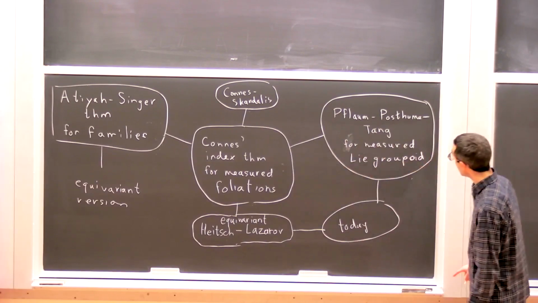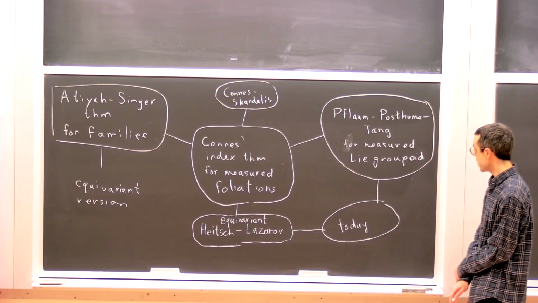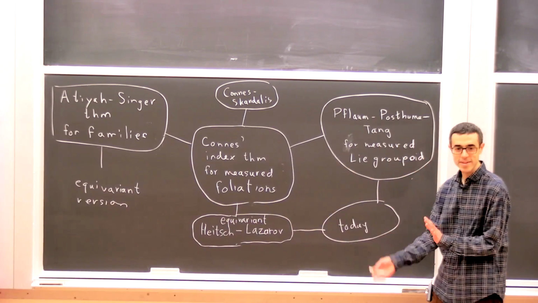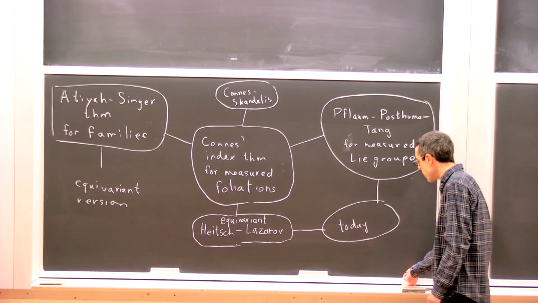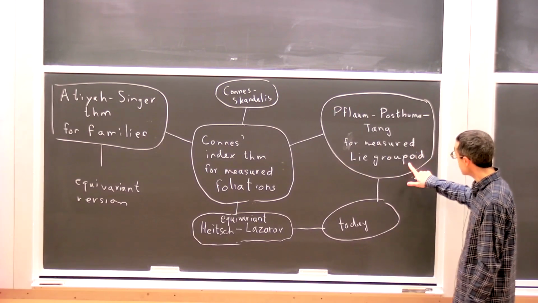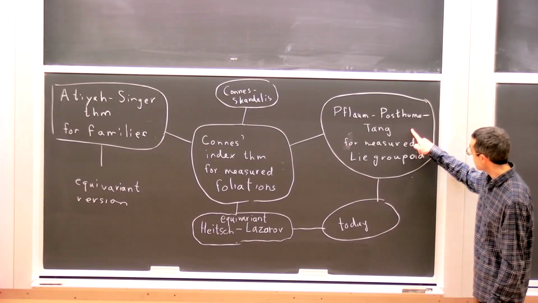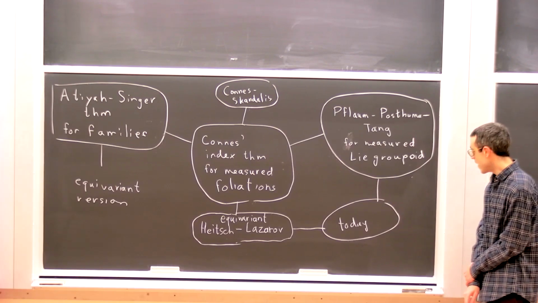Okay, so we're going to consider a setting where we have a family of Dirac operators on the source fibers of a Lie groupoid, and we also have some additional action on the groupoid. I should mention, we're also using very different techniques from Flaum, Postuma, Tang. So they were using some sophisticated algebraic machinery, cyclic cohomology, and so on.